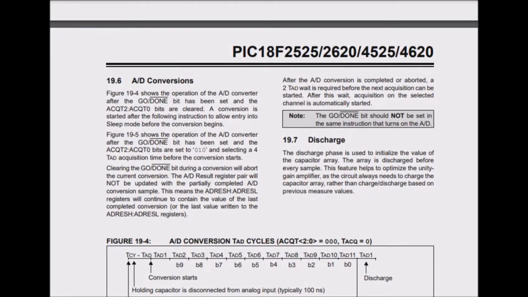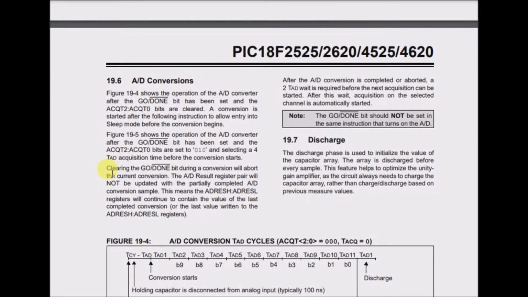Figure 19.5 shows the operation of the AD converter after the GO/DONE bit has been set and the ACQT2:ACQT0 bits are set to 010, selecting a 4 TAD acquisition time before the conversion starts.